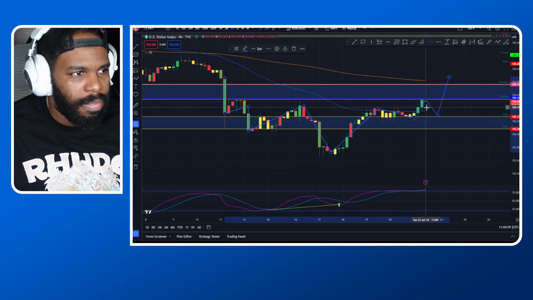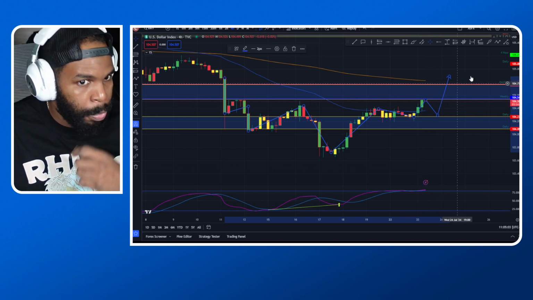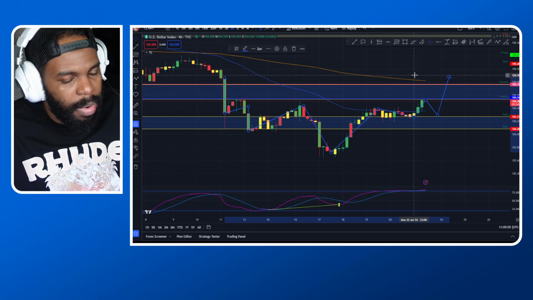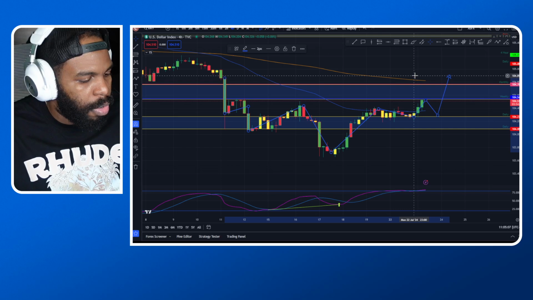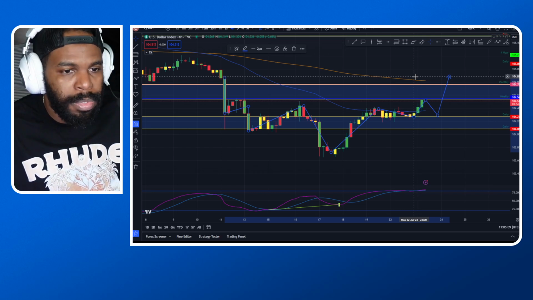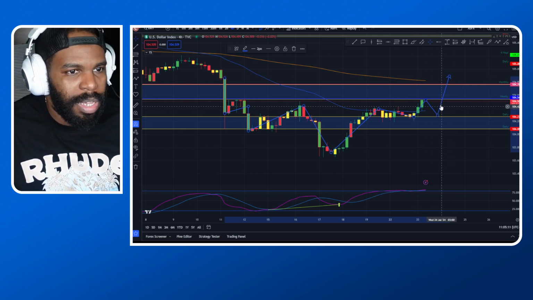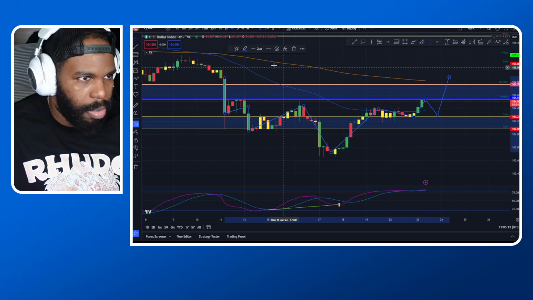And then if the U.S. dollar keeps going up, that means the trade that I'm in currently is going to go in my favor. The euro is going to continue to go to the downside. So hopefully, the dollar continues to create new higher highs and higher lows.